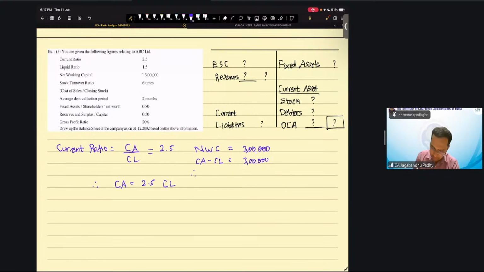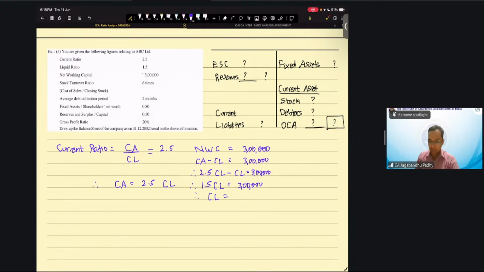So definitely current assets will be stated as 2.5 times current liabilities, because we are just substituting this in place of current assets. So in place of current assets, we have 2.5 times current liabilities, minus current liabilities, is 3 lakh. So this is 1.5 times current liabilities, which is 3 lakh.